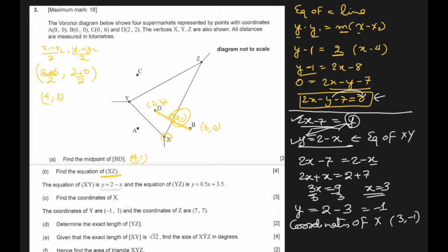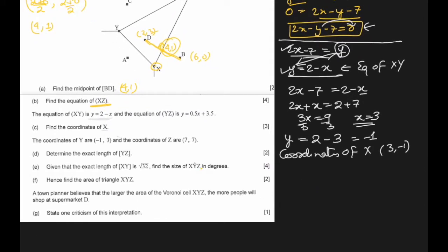So they are expecting us to use the distance formula to find the distance yz, exact length, right? So let's use, which part is that? D. Not y is capital, uppercase YZ equal to square root x2 minus x1 square plus y2 minus y1 square is the distance formula, where x1 y1 will be one of the points and x2 y2 will be the second point.